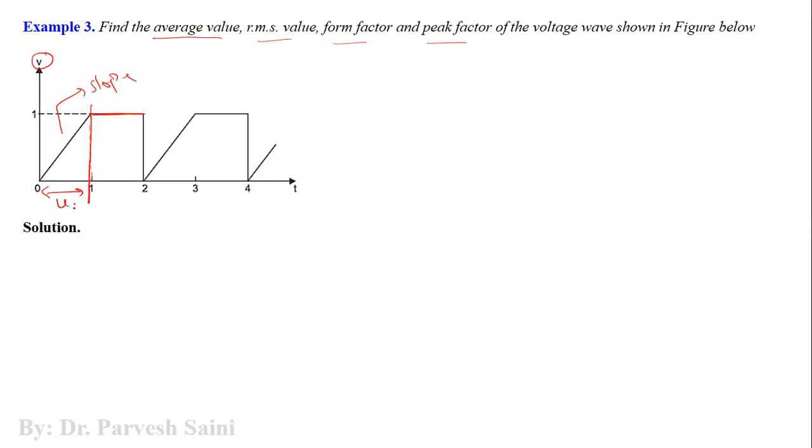This would be your V1 and here this is your V2, right? So from 1 to 2. And if you see it is repeating, so the total time period is 2. Let this be in seconds, however the unit is not mentioned here, so we'll assume it in seconds, right? 2 seconds.